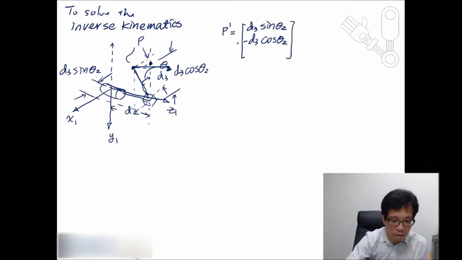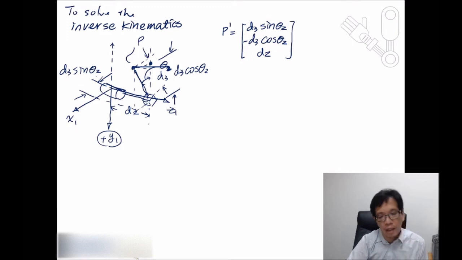The negative sign is because my positive sign is over here. So since this projection is on the other side of the axis, it must have a negative sign in front of it. And along the z direction is d2. Nothing fancy.